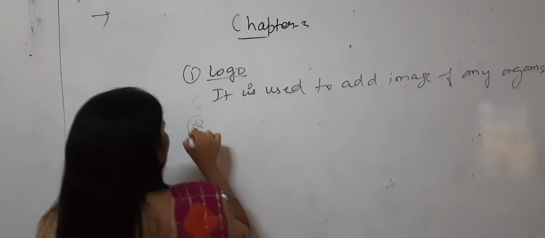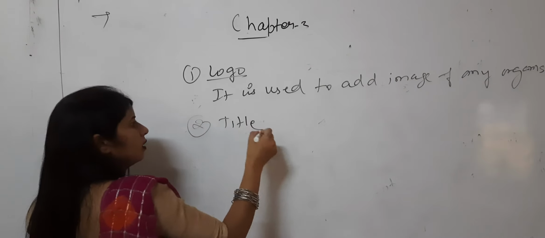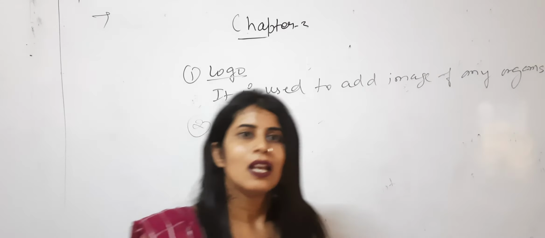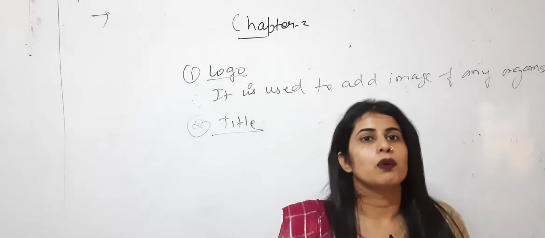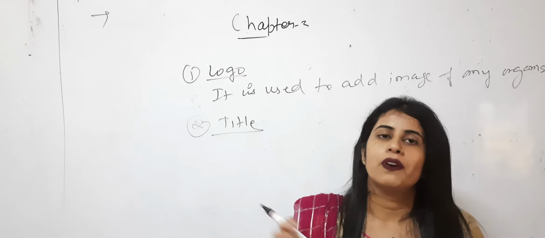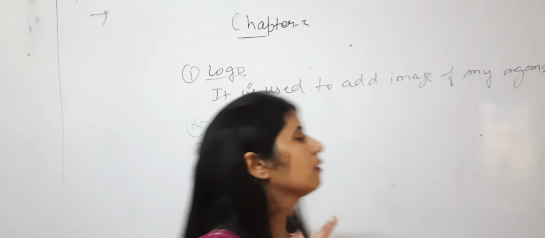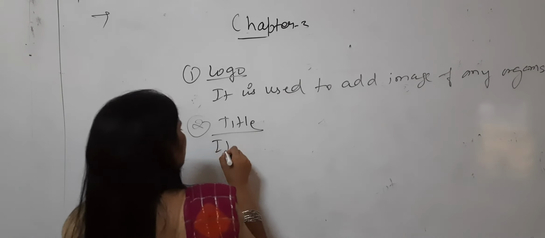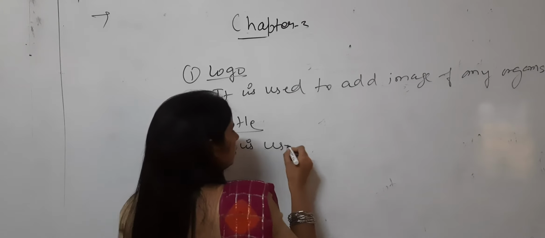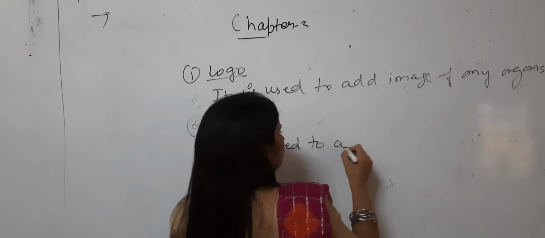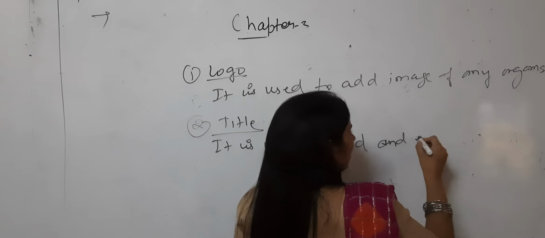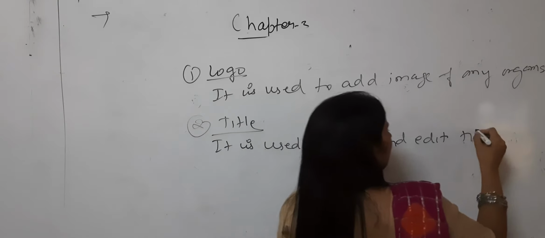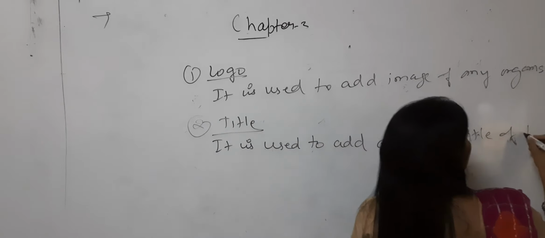Now the second one is Title. What is title? Actually, Title is used to edit the title or to add any new title. If I want to add a title, I will use the Title option. So it is used to add and edit the title of the form.